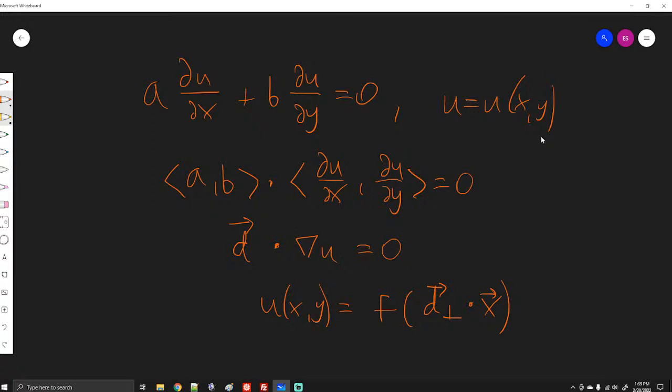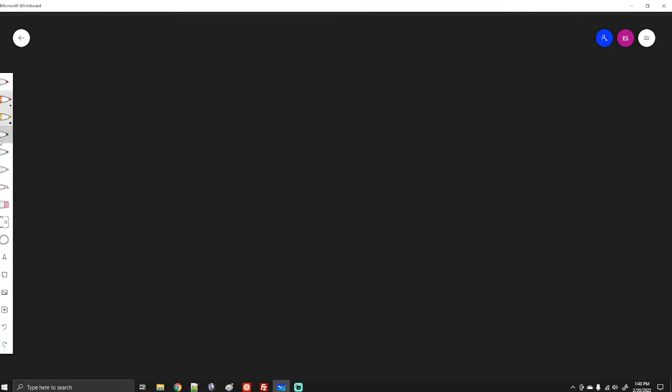I'm going to illustrate this better with an example. So let's say we have partial of u partial of x plus 2 partial of u partial of y equals 0.